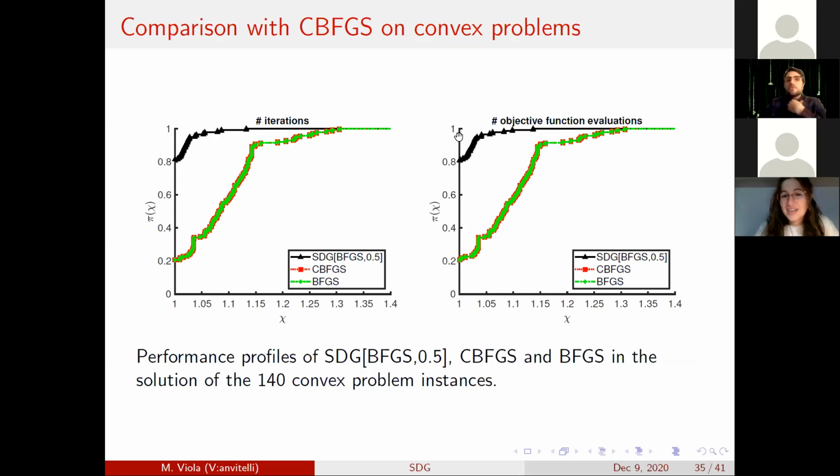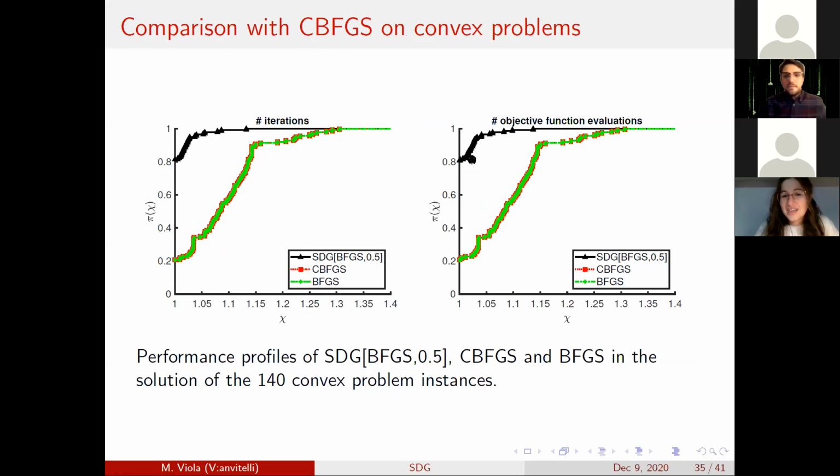If we now compare our method with BFGS and CBFGS, first of all, we can see that CBFGS is useless. We are in a nice convex case, so there is no need to globalize BFGS; it can work really well. But we are able to outperform it both in iterations and evaluations.